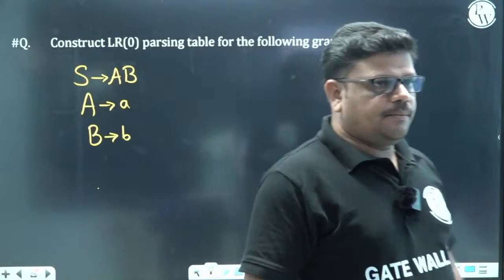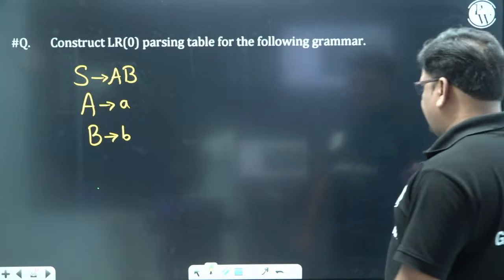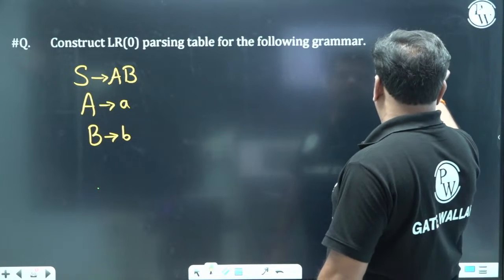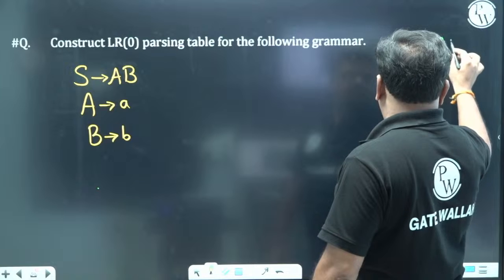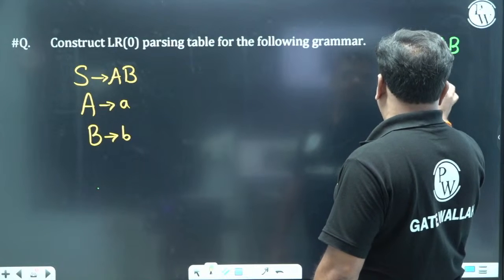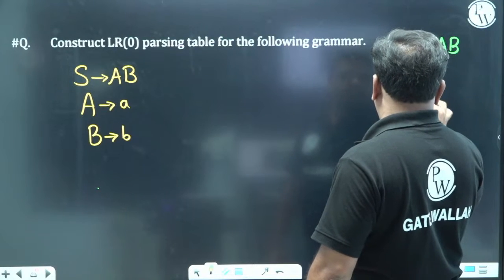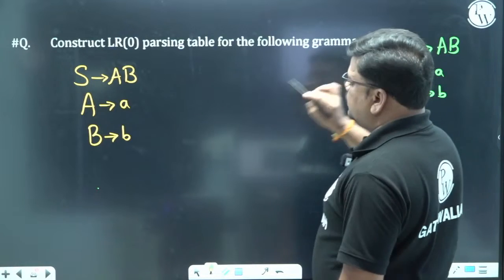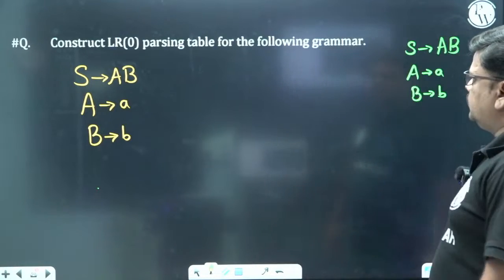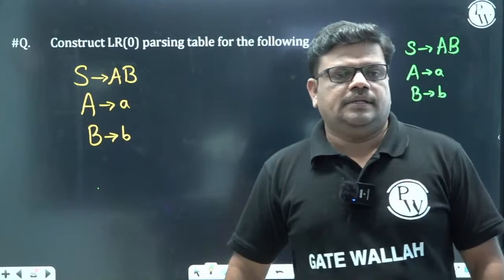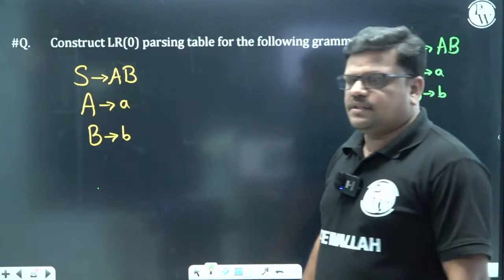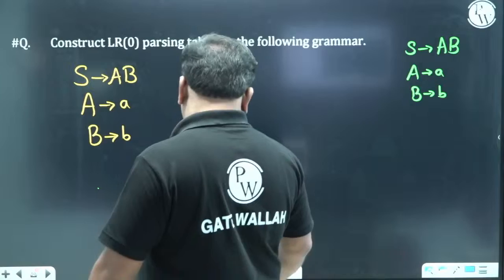Let us study this through an example. This is one of the grammars, so let me write this grammar here; that will be easy for us. The question is: construct the LR0 parsing table for this grammar. For that, what is the first step?